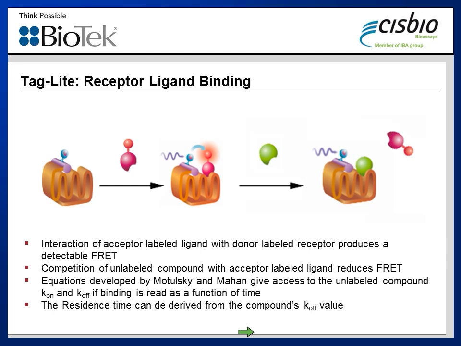And in general, the assay works in the following manner. Cells are engineered to express the receptor of interest, which you see here, which contains a SNAP-tag labeled with a terbium molecule. A labeled ligand, shown here, is then added to the well, and as binding occurs, energy is transferred from the donor fluor to the acceptor, and this causes the ratio of the signal from the acceptor compared to the donor fluor to then increase.